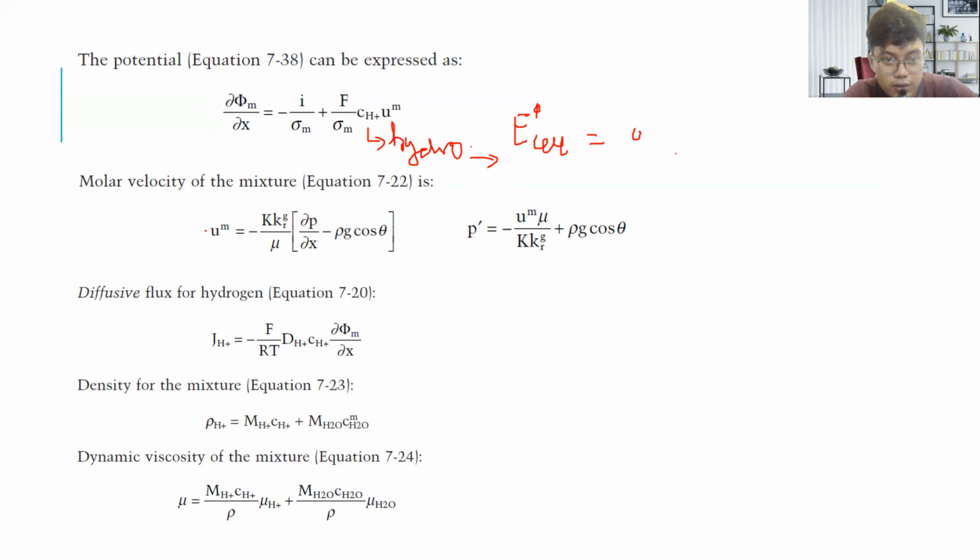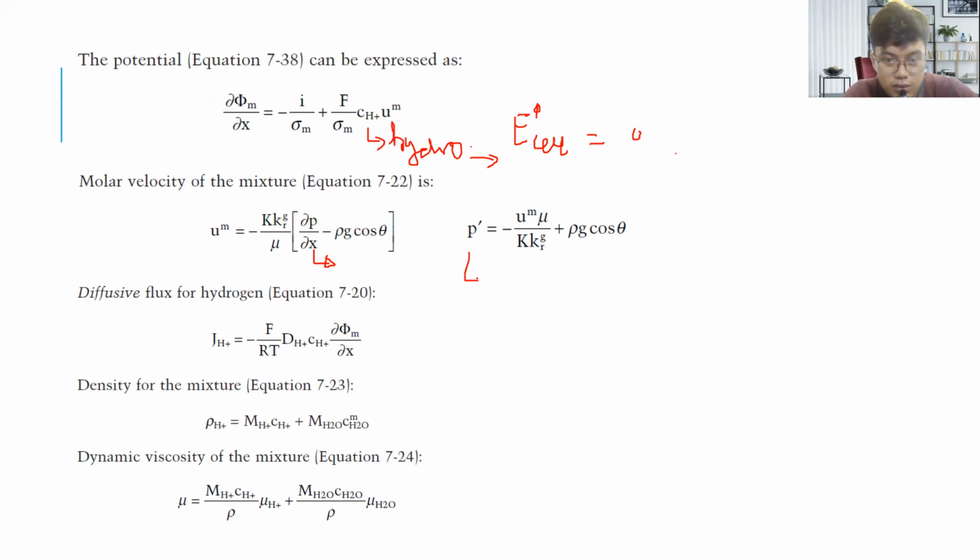Okay, the molar velocity of the mixture is as below. Mu m is equal to minus k, Kr per mu, multiplied by the differential of the pressure, the distribution of pressure as a function of the x direction, minus rho g cos theta.